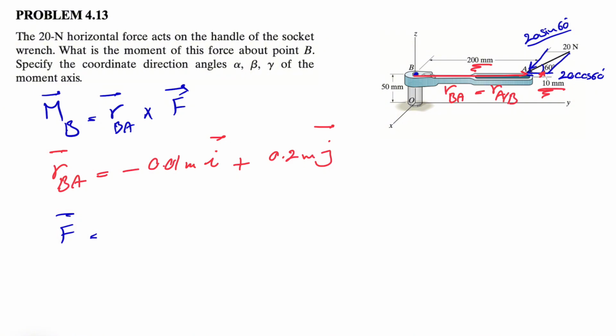As I mentioned, the F acts on the XY plane, and we already found the two components. The X component is 20 sine of 60 degrees, and that component acts along the positive x-axis, so positive. We also have 20 cosine of 60, which as we can see is to the left, so minus 20 cosine of 60 degrees, and that's going to be our j.